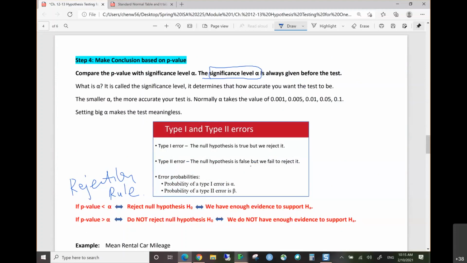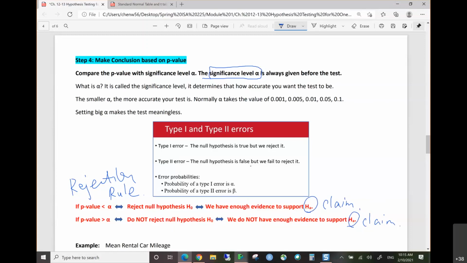Then we have enough evidence to support our claim. The other way, if your p-value is larger than our significance level, that means we do not reject the null hypothesis. That means we do not have enough evidence to support our claim, right?